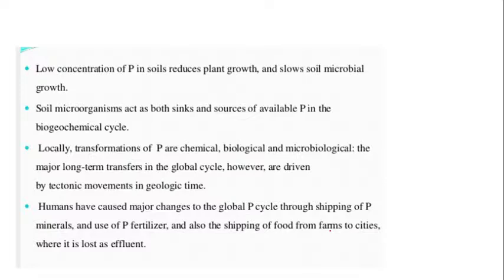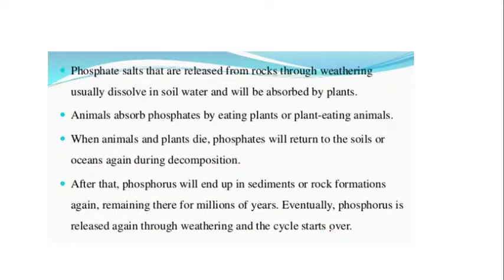Similarly, since phosphorus is needed for plant growth and is lost through runoff, phosphorus is added in fertilizers. And this increased use of phosphorus in fertilizer will alter the balance or the amount of phosphorus in the environment.